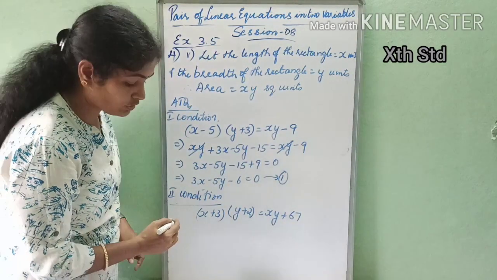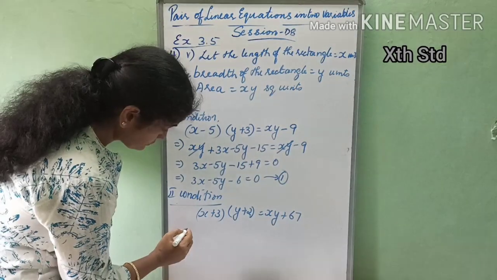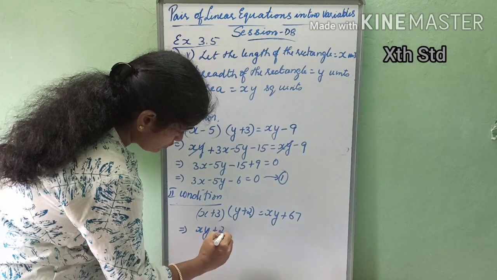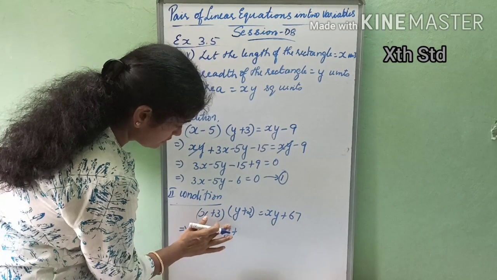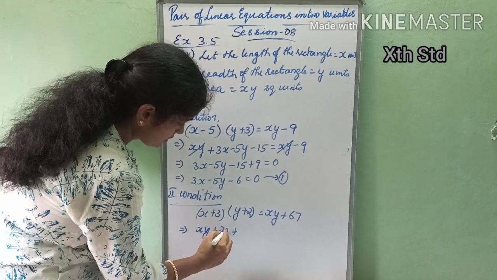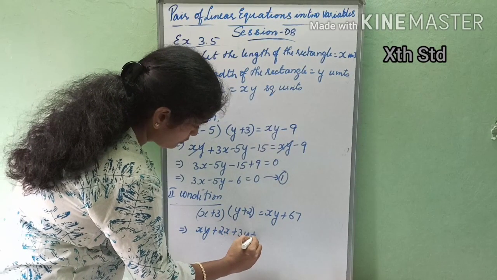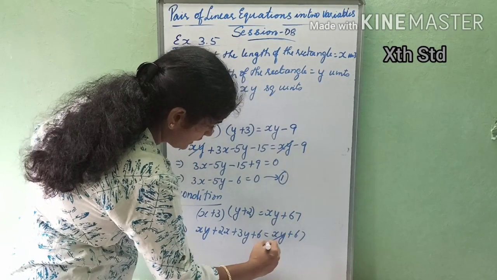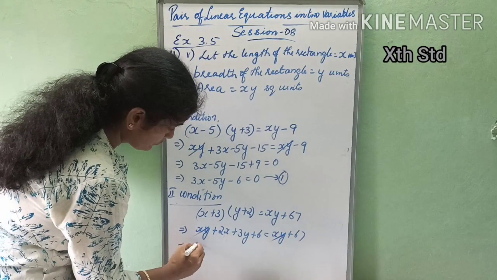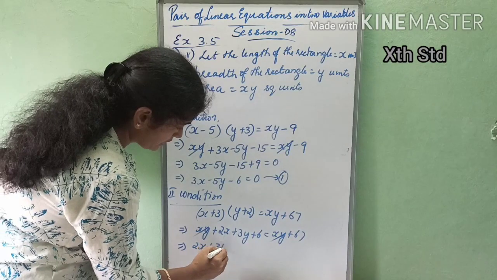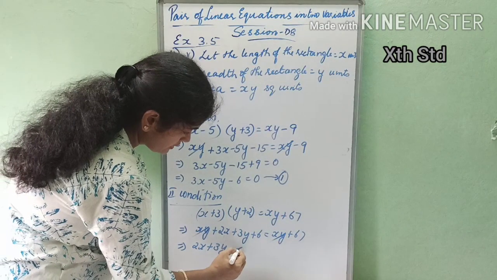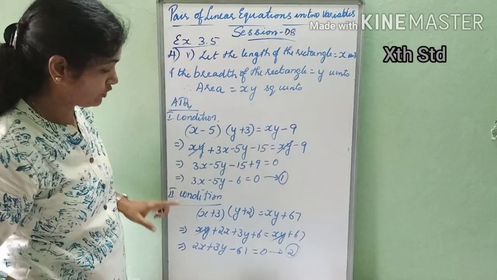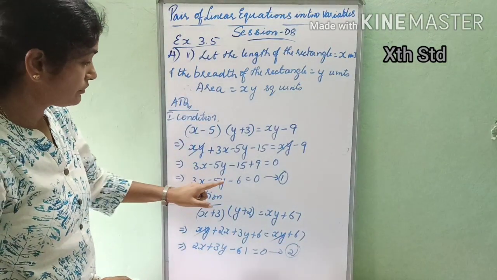Then put this also in the standard form: xy plus 2x plus 3y plus 6 equal to xy plus 67. xy cancels. 2x plus 3y minus 61 is equal to 0. This is your second equation. First one and the second.